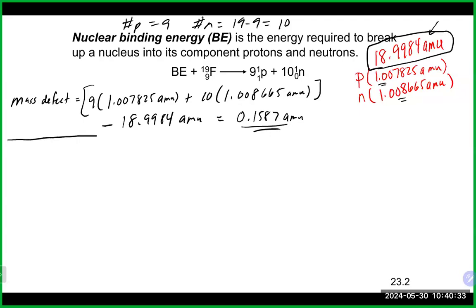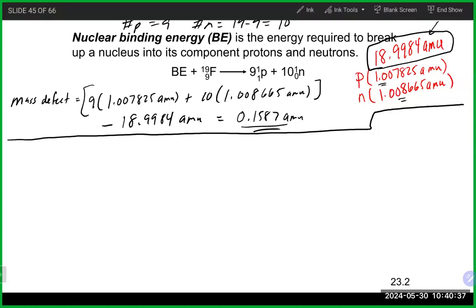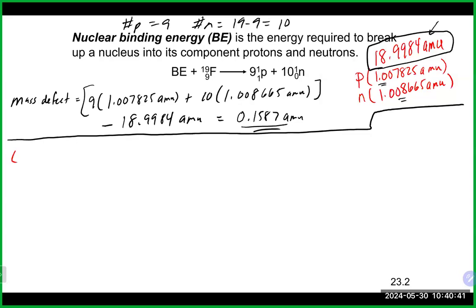So if you wanted to, at this point, there are two options to get you there. We can use Einstein's equation, E is equal to mc squared. Again, the m here is going to be our mass defect. So putting that in there will give us 0.1587 AMU times our 3.0 times 10 to the 8 meters per second, squared.